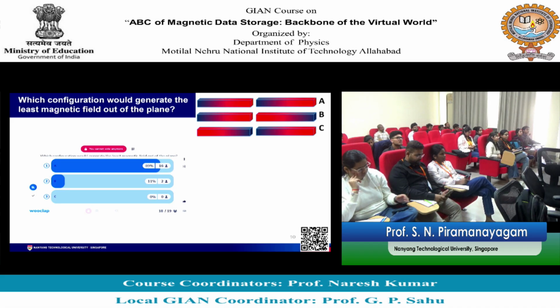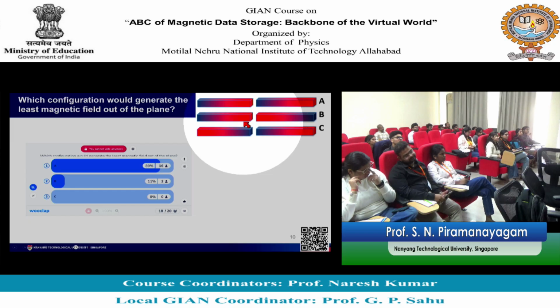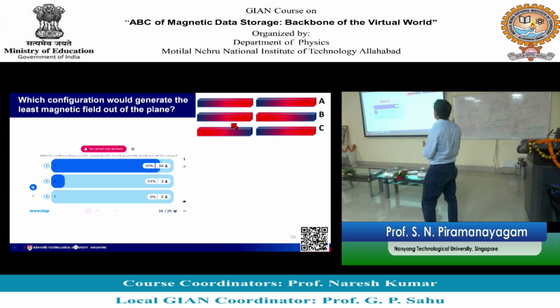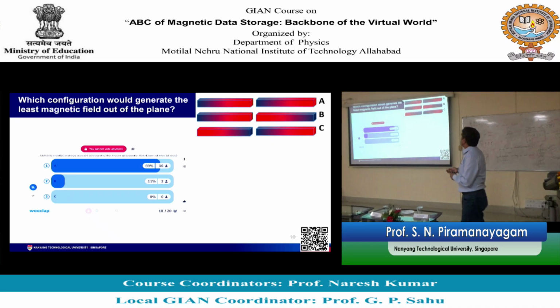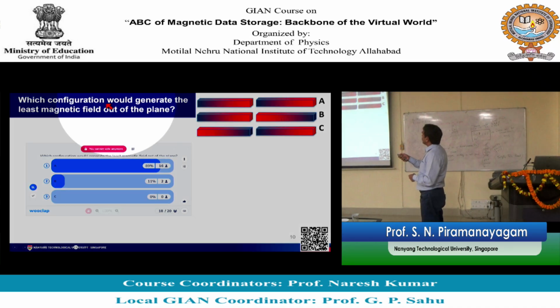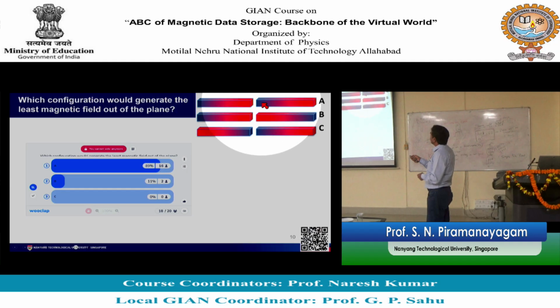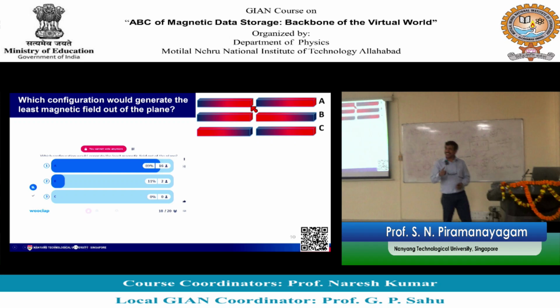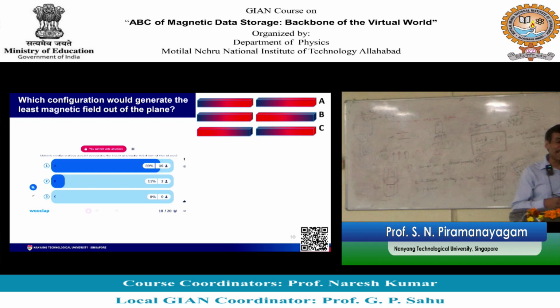So, in this case B will generate a large magnetic field, C also will generate a large out of plane magnetic field. So, the one that would generate the least magnetic field out of the plane is A. So, majority of you are right, again 2 is wrong. I do not know, this 2 is a magic number.